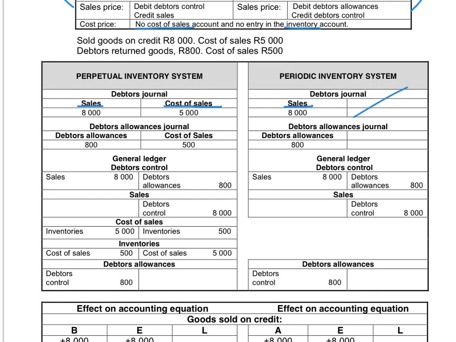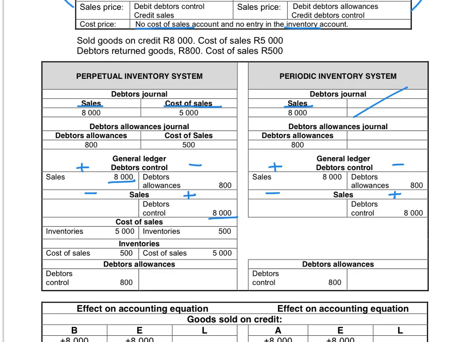When you post that entry to the ledger, you will debit the debtors control and credit sales to increase the assets and increase the income. In the periodic system, you will also debit debtors control to increase the asset and credit sales to increase the income.